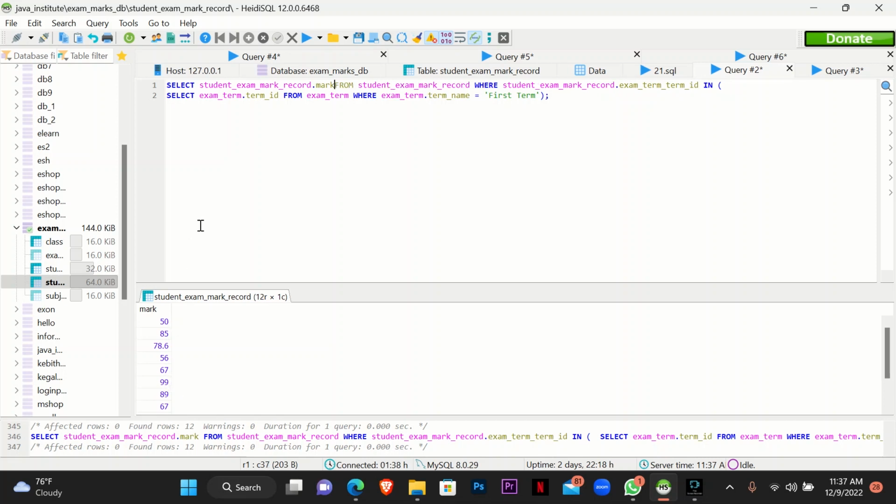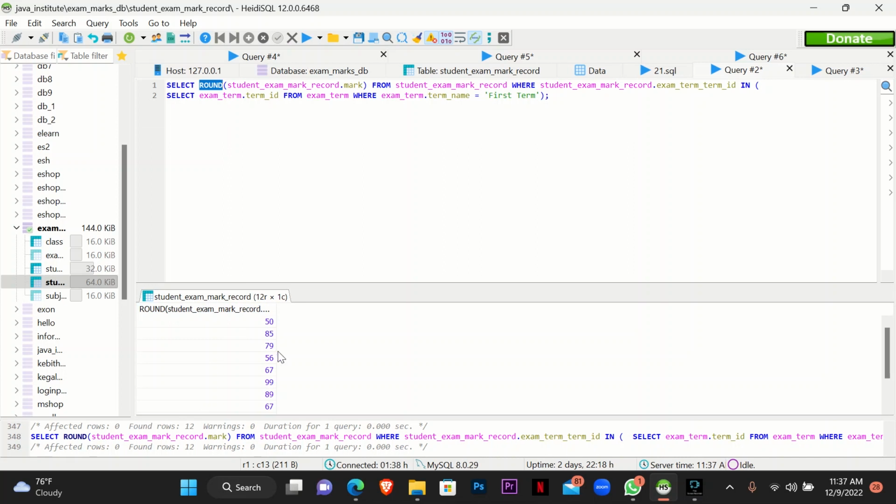When I add the round function and execute the query, you get all the answers as whole numbers. There won't be any decimal numbers. So we are using the round function to remove decimal numbers and get the results in whole numbers.